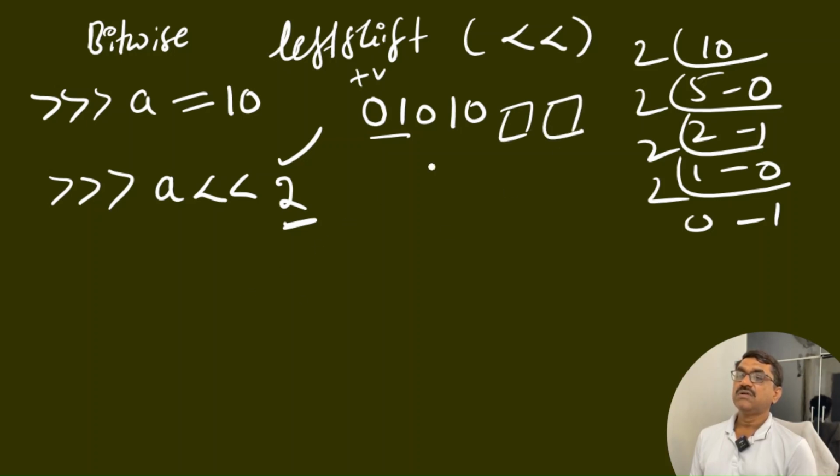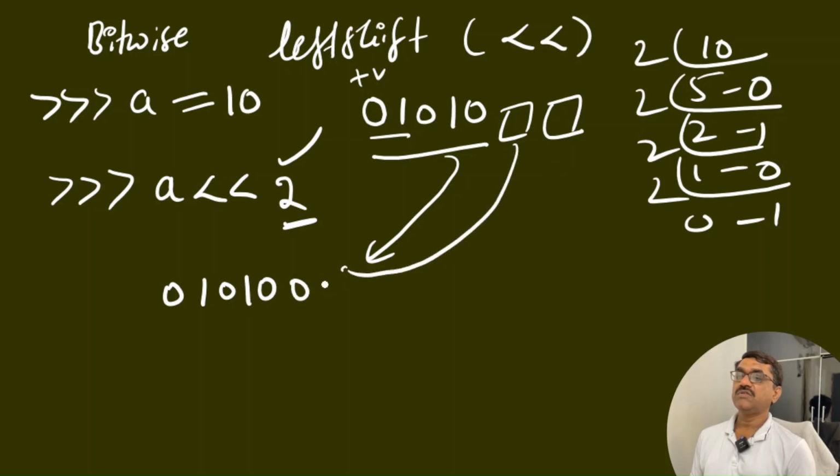These bit positions are replaced with zeros. So now we are getting the result like this: 0 1 0 1 0 0.